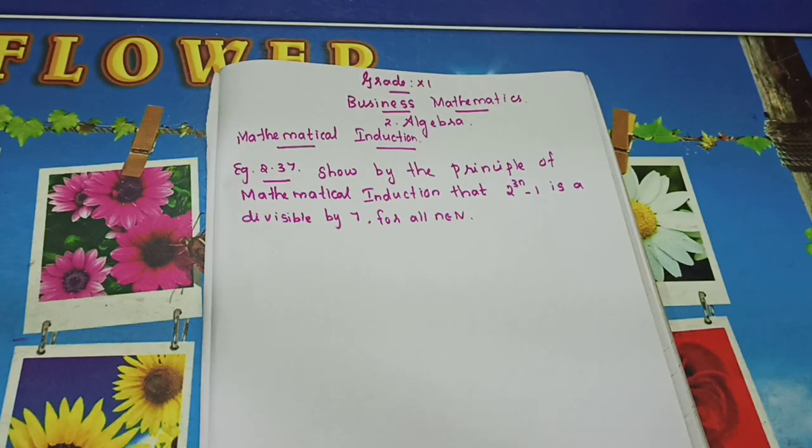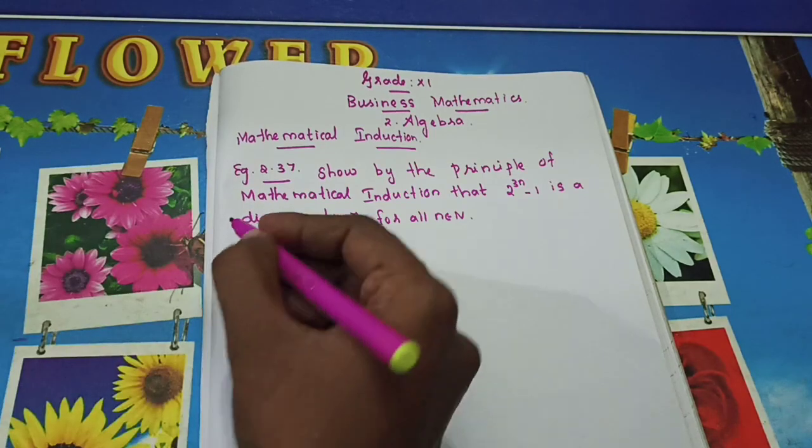We need to prove 2 power 3n minus 1 is divisible by 7 for all n belongs to N. Okay, solution.